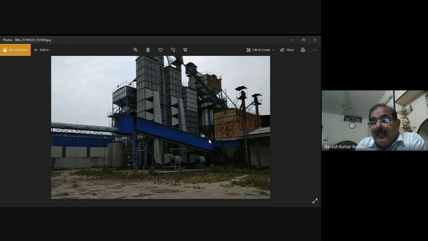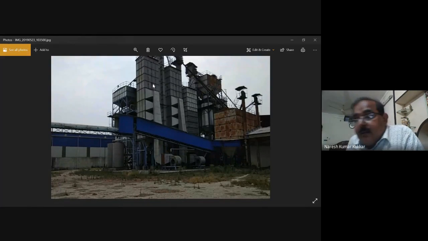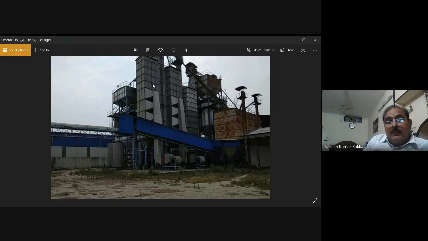Then this soaked paddy, with the help of elevators, goes to these 3 dryers. In these dryers, air is passed from the lower side, and wet paddy comes from the upper side. There are sheet metals, and from one sheet metal it goes to the second, with cleaners. So dry paddy goes downward and is then shifted to the sheller unit.